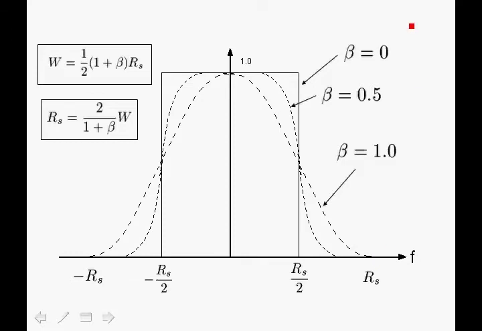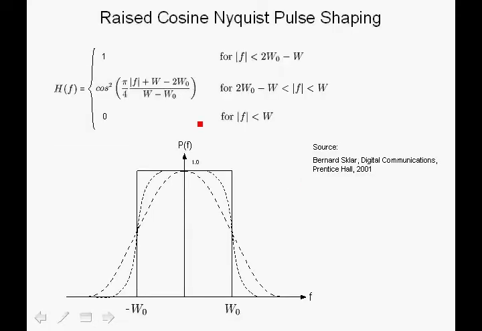For beta equals 0.5, we get filters in between, and notice that these filters all are equal to 1 up to a certain point, and then they have the relationship with the square of the cosine as shown over here. So they all have a case where they're equal to 1, then they fall into this region here, and then of course there's 0 beyond the bandwidth W.